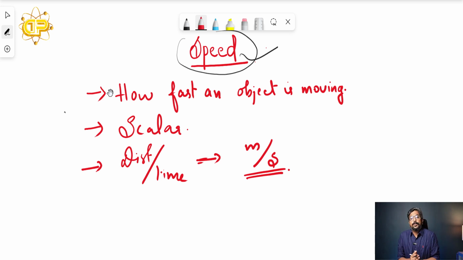If you know the distance and the time, then divide distance by time and you will get speed. You have studied this equation in your 7th standard NCERT textbook. And the SI unit is meter per second. So these are the basic things that you need to know while you study speed.